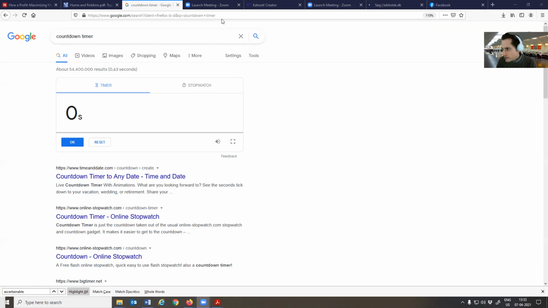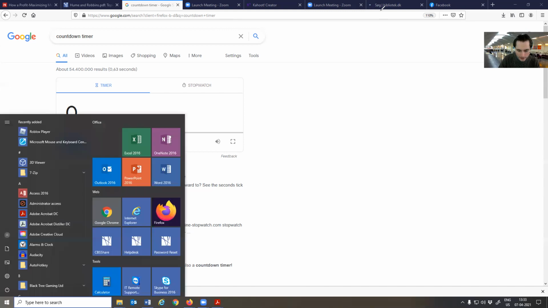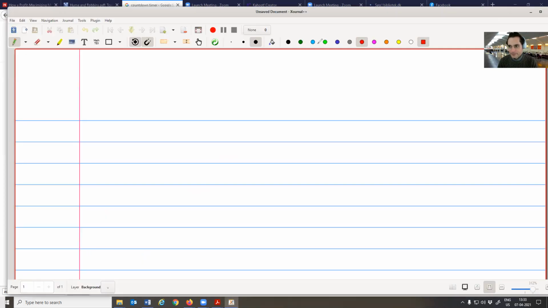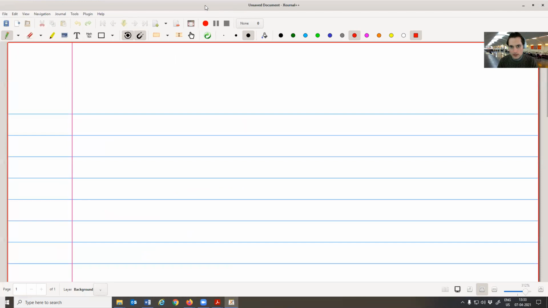Anybody know how to do this? The whiteboard? If not, I'll just do it a different way that I know. It's my own program on my computer. All right.